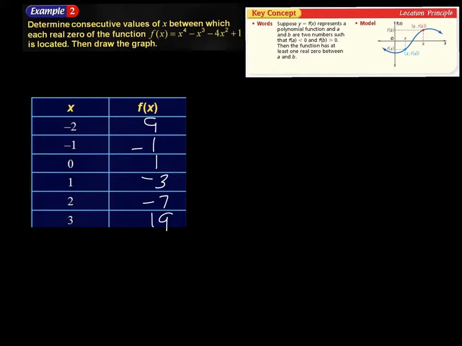I can see I went from positive to negative, and back again, negative to positive, and again, positive to negative. So there are my 3 or 4 zeros.